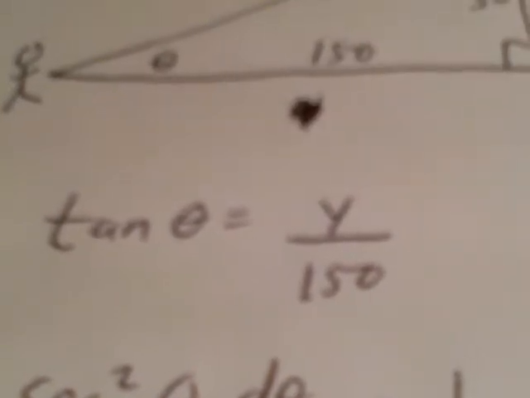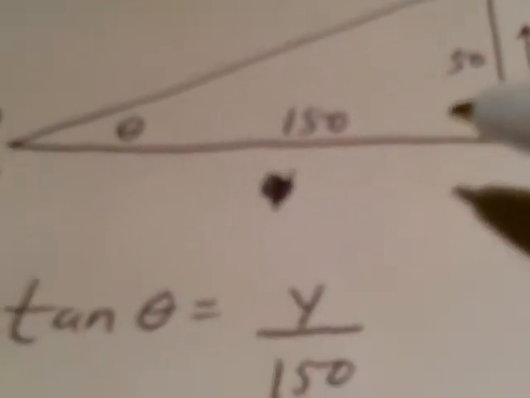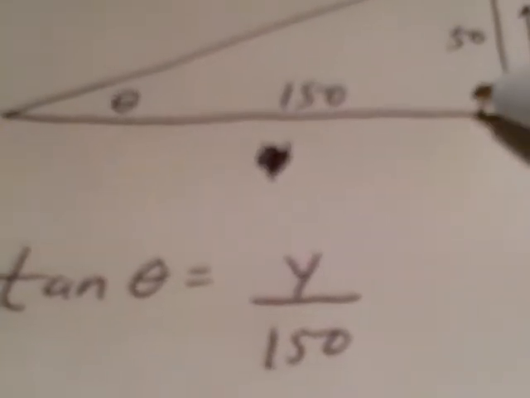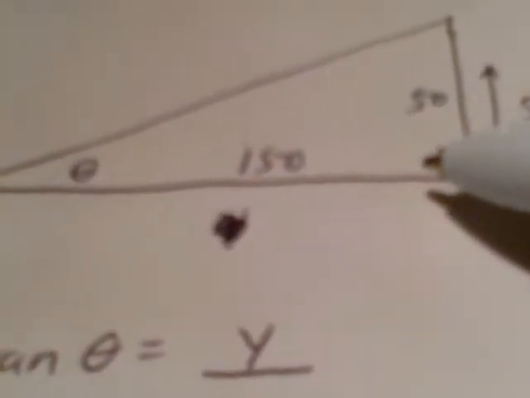So, again, we start off with the diagram as we already did, and then we need a relationship. So, here we got theta here, and we got something, a variable, something that's changing, y, over here. And in this case, the other quantity here in the triangle, the base of the triangle here, is not changing, 150 feet, not changing. So then we can set up our relationship that tangent of theta equals y over 150.